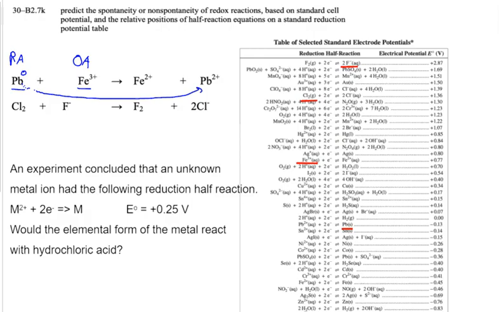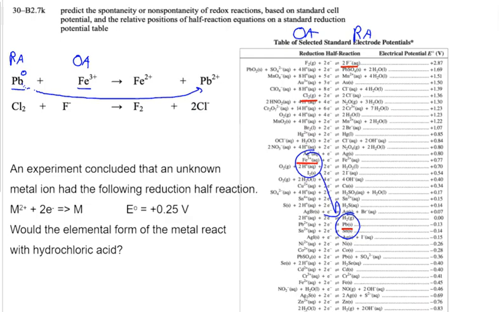Okay, so now we know our OA and RA. We just have to look at the positioning in the table. So our lead, which is our RA, is here, and our OA, the Fe3+, is there, and it is sort of downhill, or the OA is above the RA. And the higher up you get in the OA column, the better it is, and the lower down in the RA column, the better it is. So this is our OA column, and that's our reducing agent column.